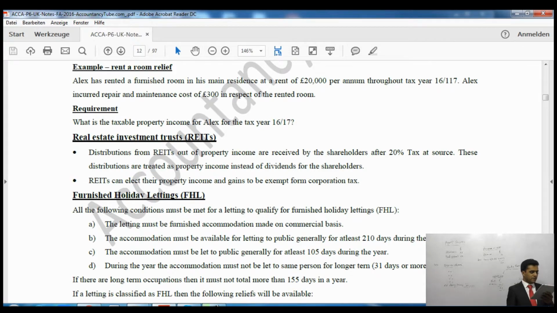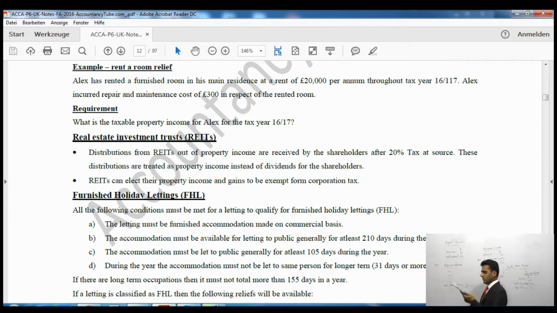Alex incurred repair and maintenance cost of £300 in respect of the rented room. What is the taxable property income for Alex for the tax year 16-17? Here, we'll calculate the property income in both ways: one is the ordinary way and the other one is rent a room relief, or the alternative way.